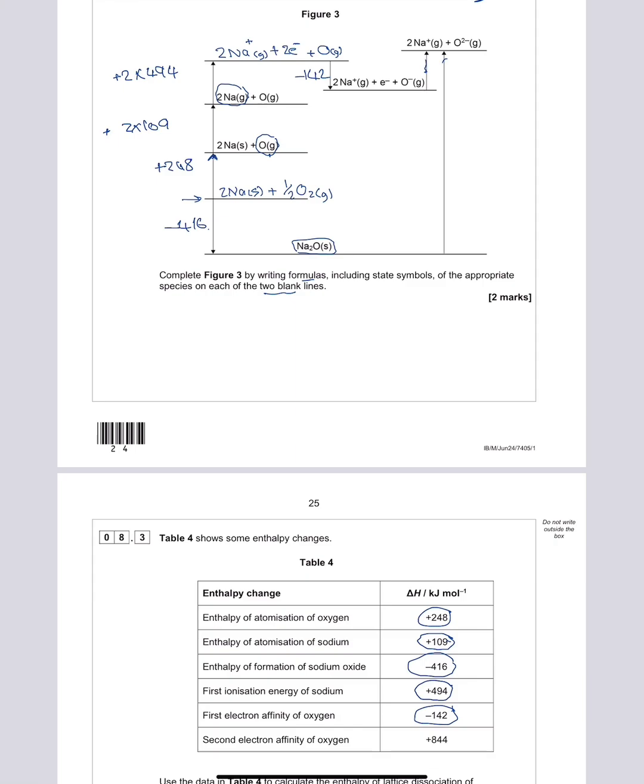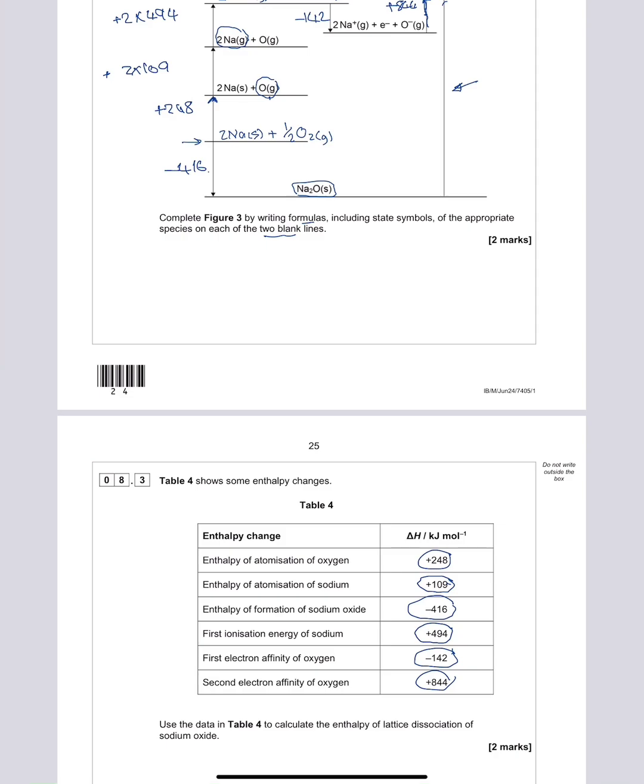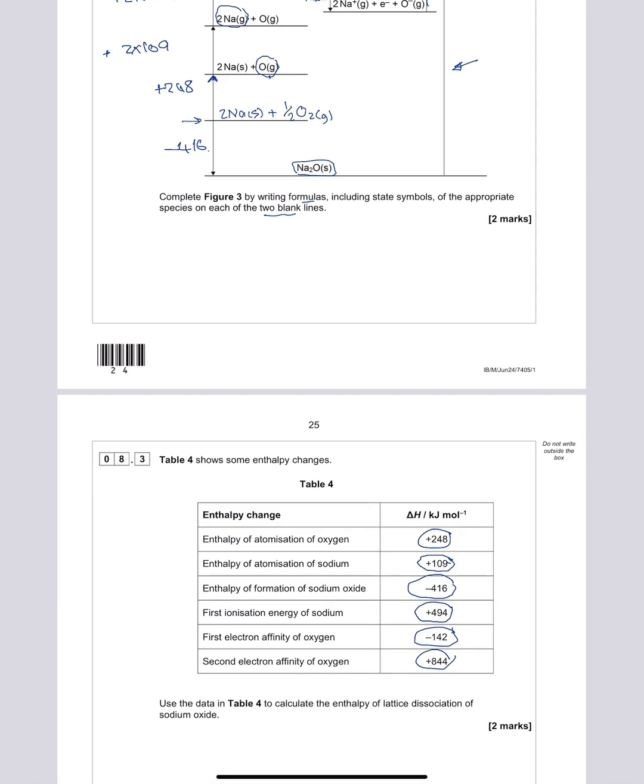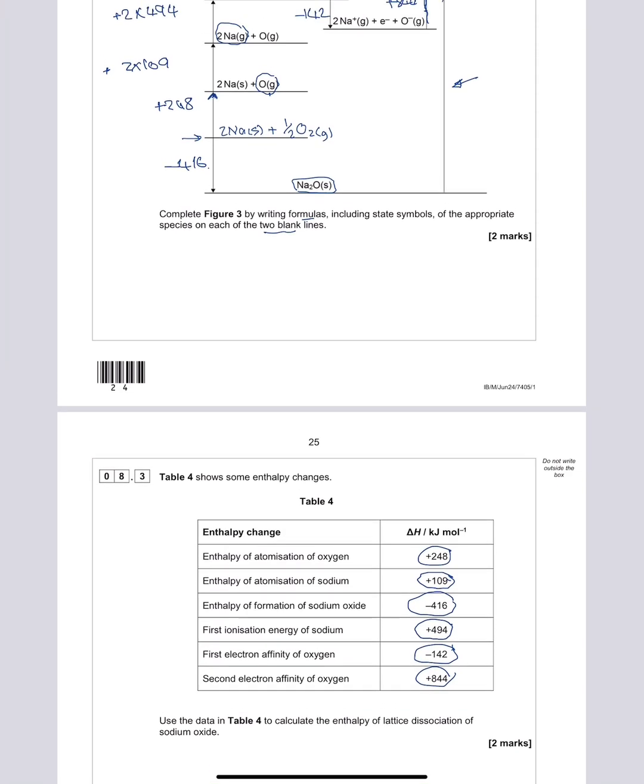And then this is the second electron affinity for the oxygen, which is plus 844. And then this is the enthalpy of the lattice dissociation of the sodium oxide.